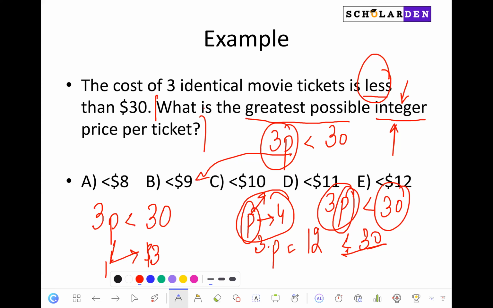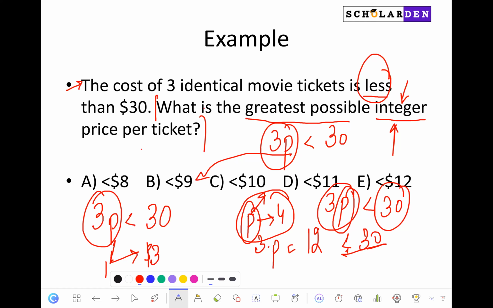A is also right. As I tried to mention earlier, all the values of P for which this product results in a value less than 30 are valid options if we just look at the first part of the problem statement. But the second statement asks: what is the greatest possible integer price per ticket such that 3 tickets together would cost less than $30?